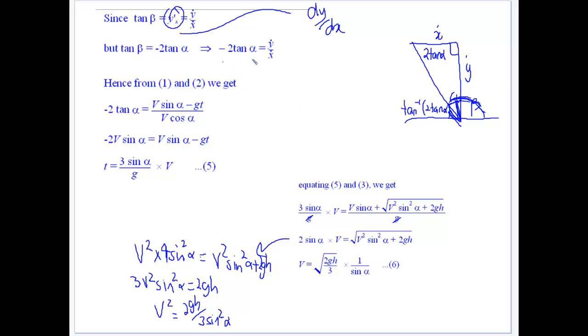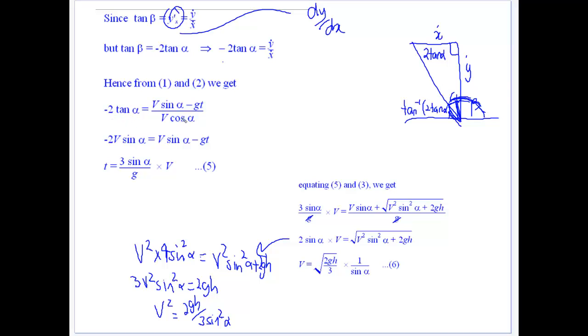So minus 2 tan alpha could be set up as the vertical velocity on the horizontal velocity. So we can set up our equations here, because the vertical velocity is v sine alpha minus gt, the horizontal velocity was v cos alpha, and that's equal to minus 2 tan alpha.